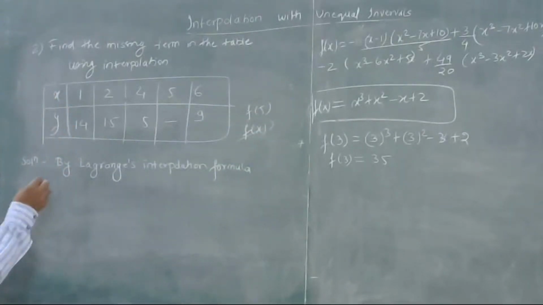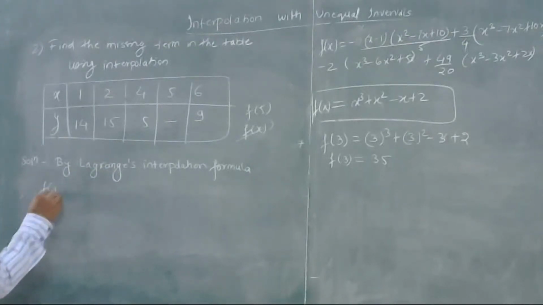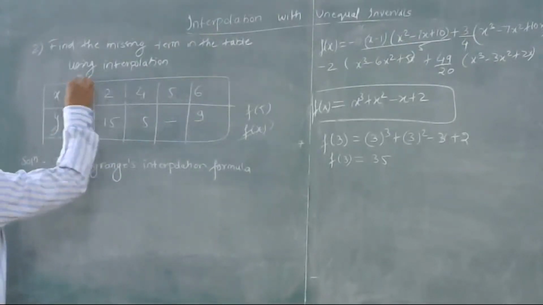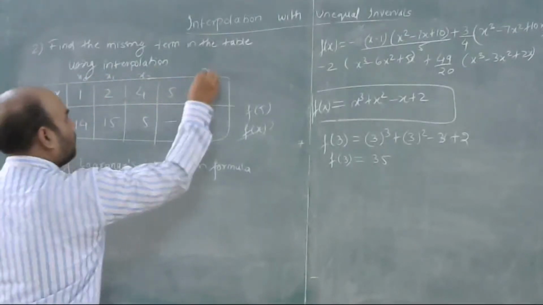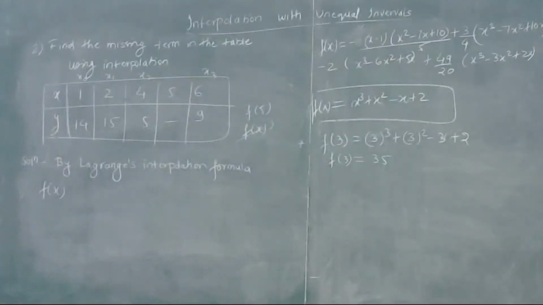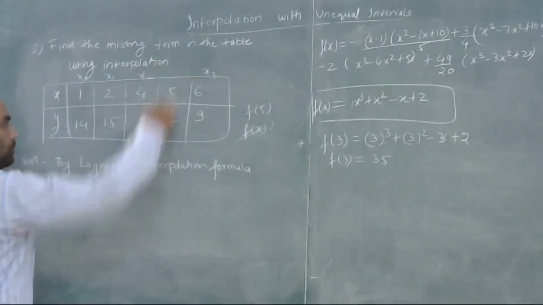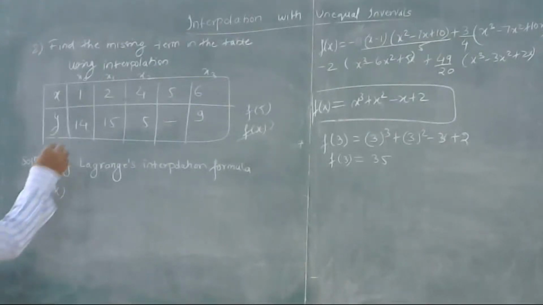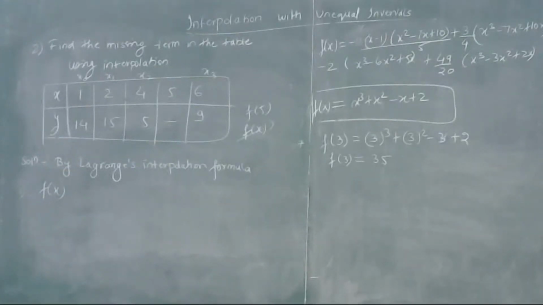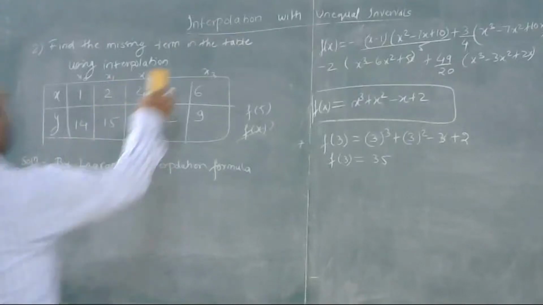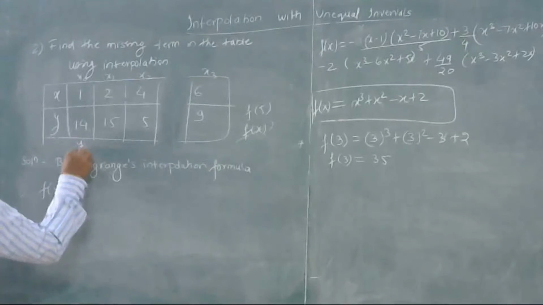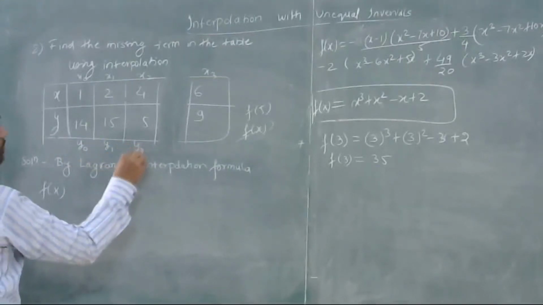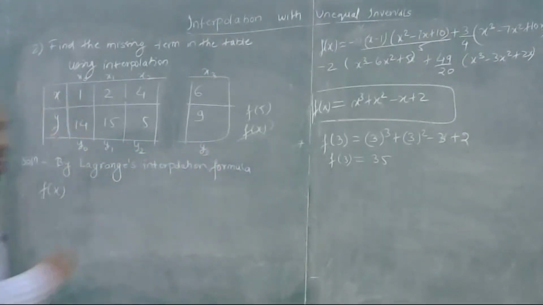Okay, so how to do this? So according to Lagrange's formula, this is x0, this will be x1, this will be x2, and this will be x3. No need to write this. Okay, for time being, let's hide this. So this is y0, this is y1, this is y2, and this is y3.